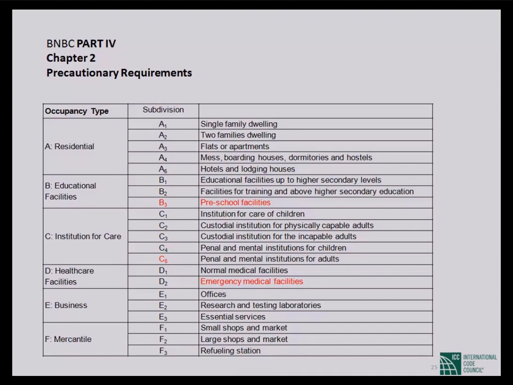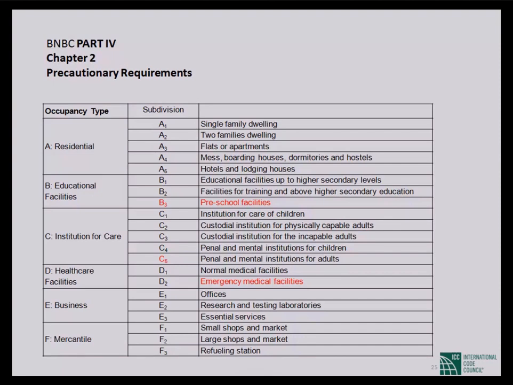So accordingly, the building is classified depending on the occupancy. Occupancy is the type of occupant you are using it for, or the type of process or thing you are doing inside the building. So it is classified in that way.